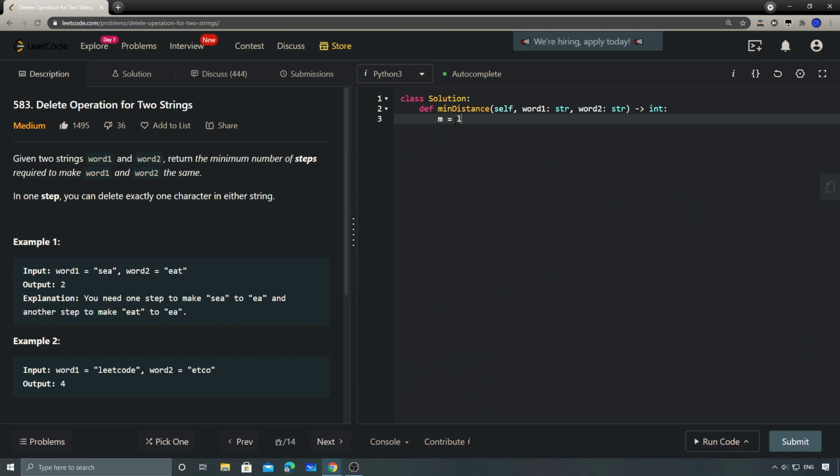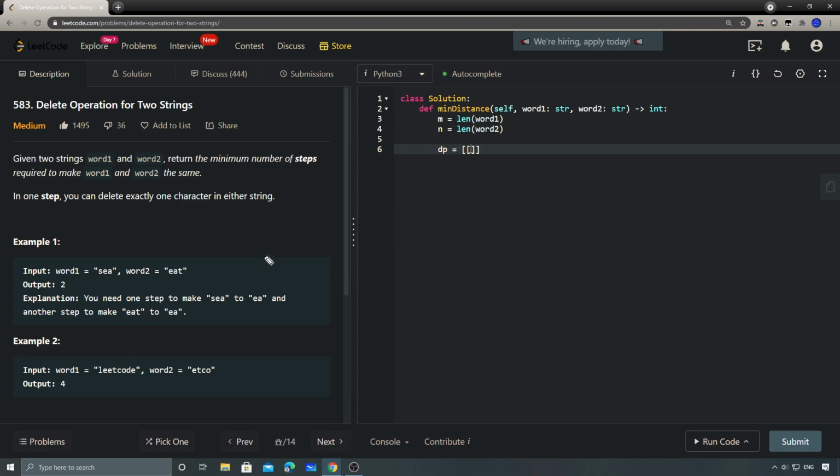So first we need the two lengths. Like I said, we need m equals the length of word 1, and then n equals the length of word 2. And then we need to define the size of the DP.